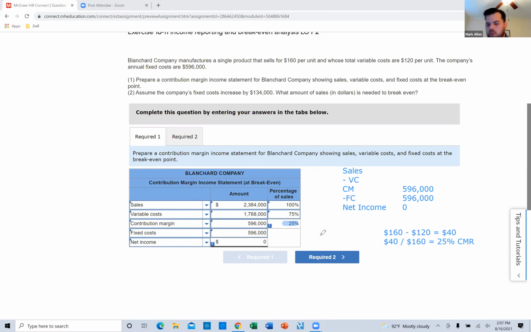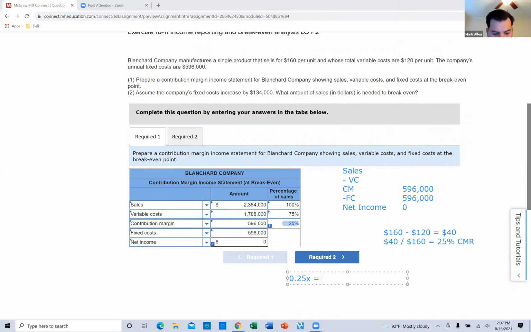So now what we know is that 25% of something, so 0.25x, equals $596,000. So how do I solve for x, in this case, total sales? Well, I'll say that x equals 596,000 divided by 0.25. So I'll divide by 0.25 on both sides.